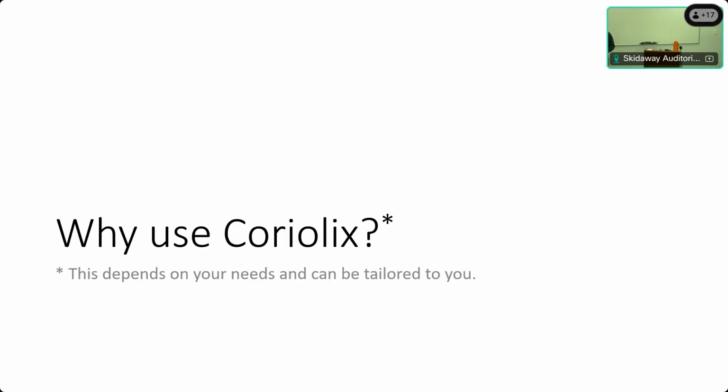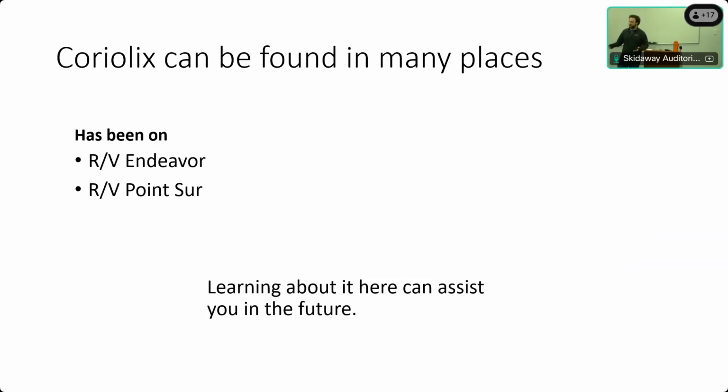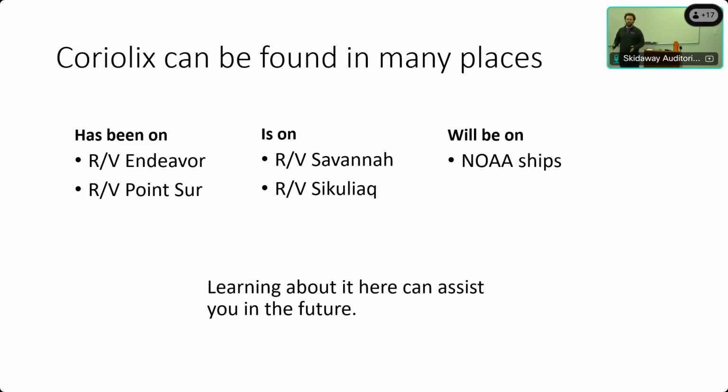And hopefully Coriolix becomes one of those things. So where can Coriolix be found? Well, previously Coriolix was on the RV Endeavour and the Point Sur. It's currently on the RV Savannah and on the RV Coriolix, and it's planned to be on every NOAA ship going forward, though implementation of that is slow in progress, but happening.